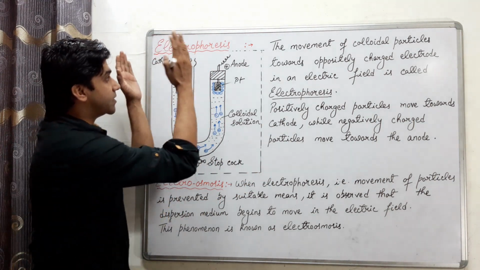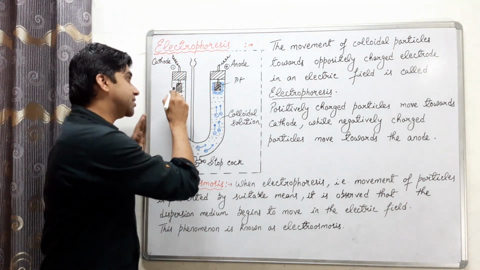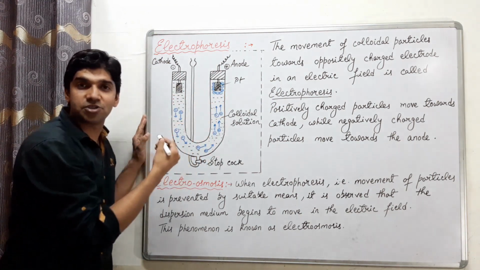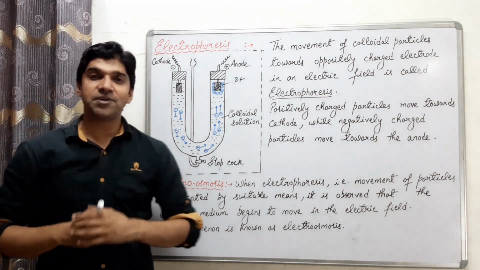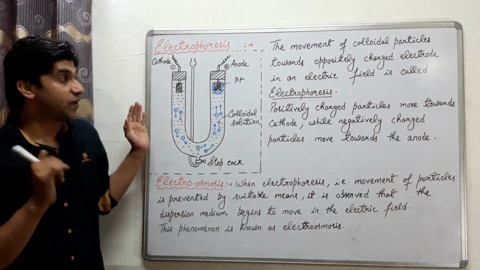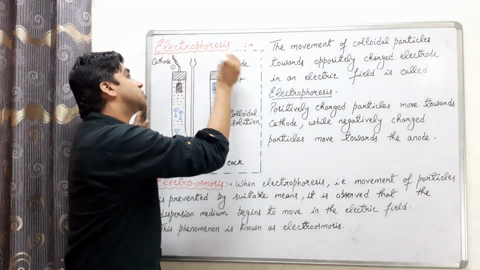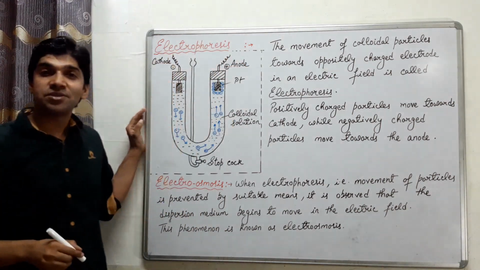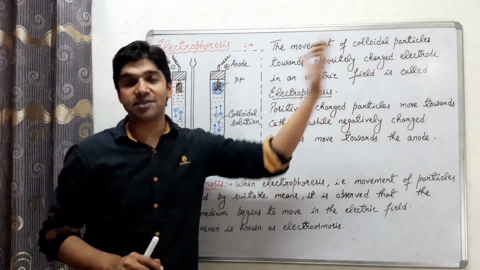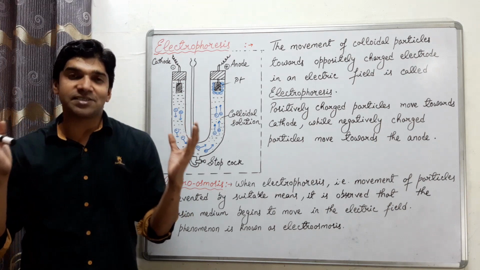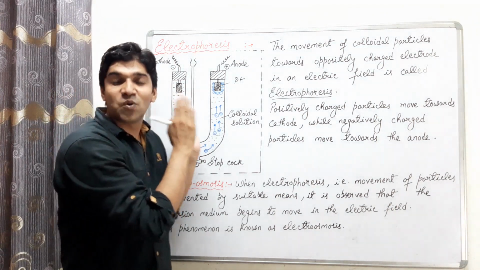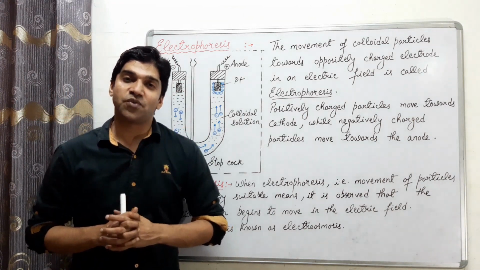When the electric field is applied between the two platinum electrodes which are dipped in the colloidal solution in this U-shaped container, it has been observed that the charged particles start moving towards one of the oppositely charged electrodes. This movement of the colloidal particles toward the oppositely charged electrodes in an electric field is called electrophoresis.